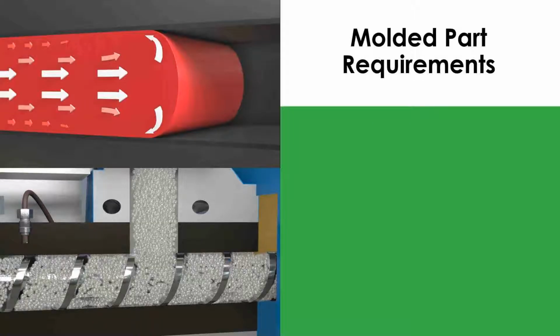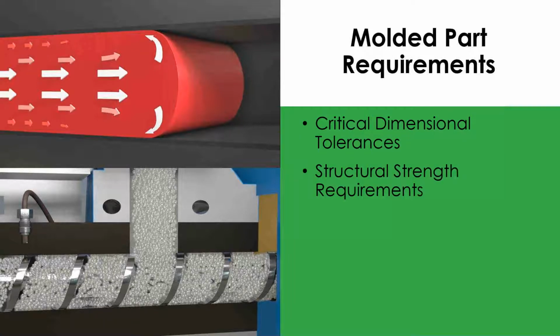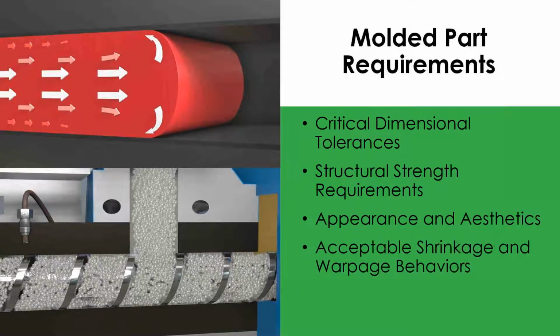So for that, we need some molded part requirements. When you start out, you need to know the critical dimensions and tolerances of a part you are trying to design, build a mold for, and process. You need to know a little bit more about the structural strength requirements of a part. That's important as well. Appearance and aesthetics, acceptable shrinkage and warpage behaviors, and of course the assembly functionality.